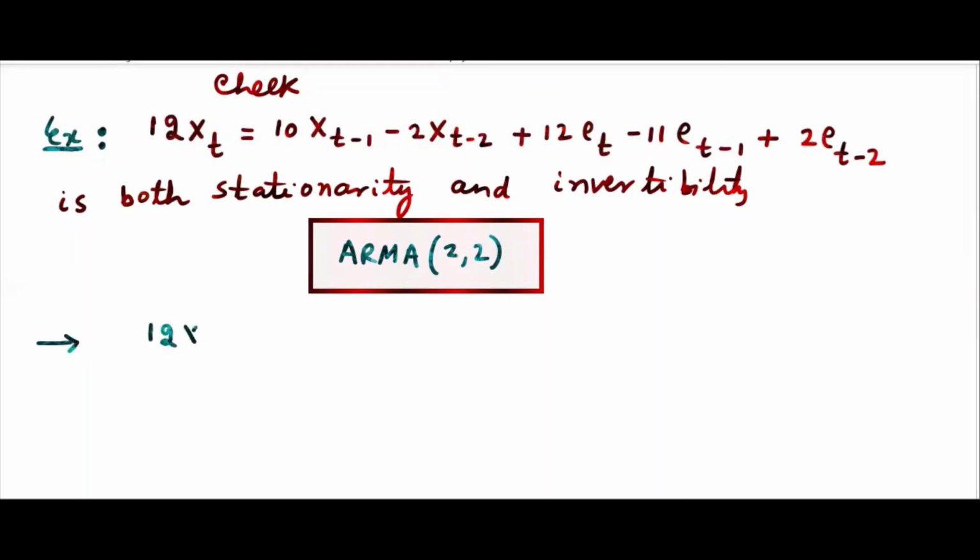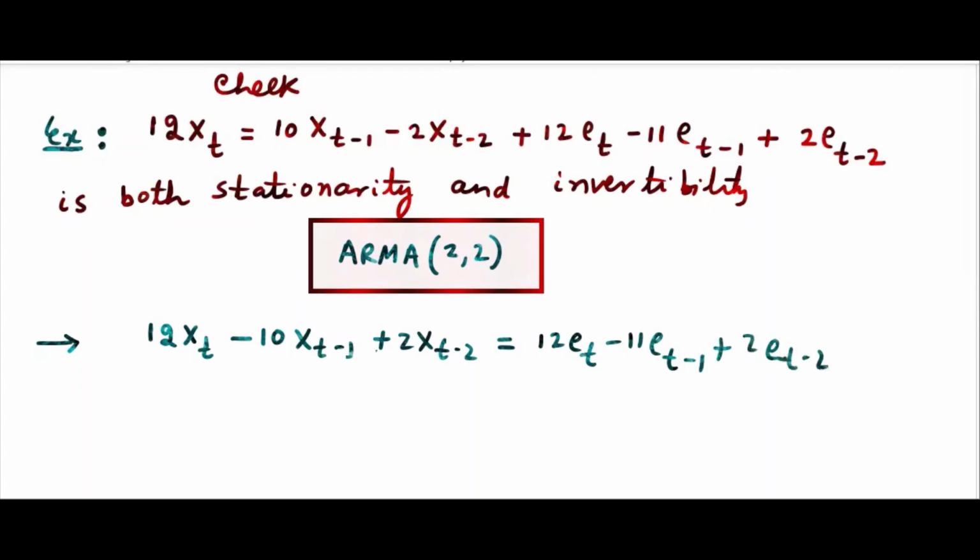So before anything, let me write this way: 12 X_t. Let me bring all to this side, 10 X_{t-1} minus 2 X_{t-2}. This side you have to bring, and you keep all others this side. And I'll write 12 e_t minus 11 e_{t-1} plus 2 e_{t-2}.